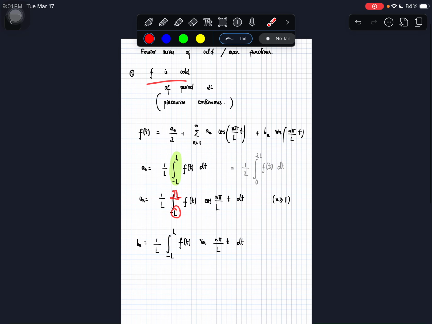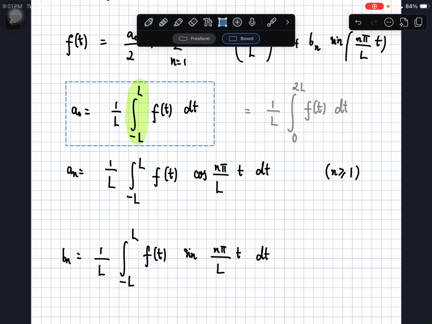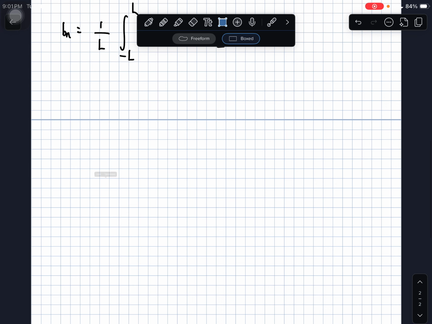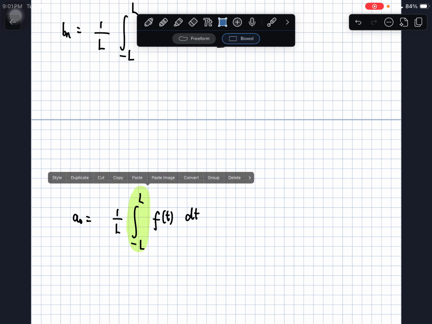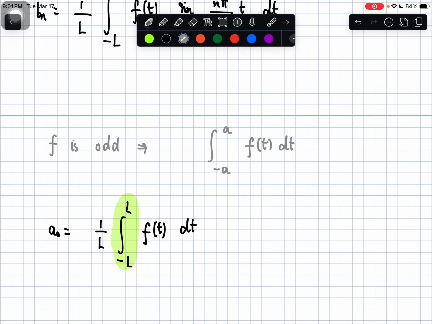Now our function f is odd. So I think we should use this formula to compute the integral. F is odd. Recall that if you take the integral from minus a to a of f(t) dt, you get 0.